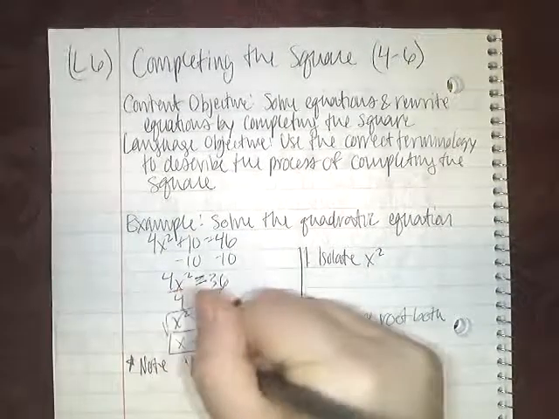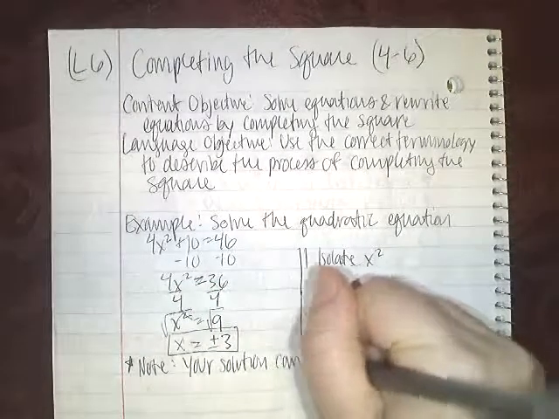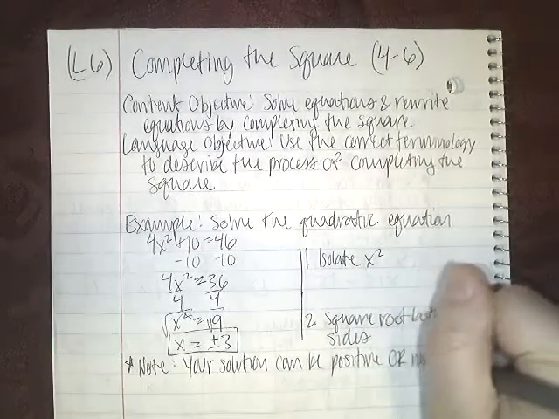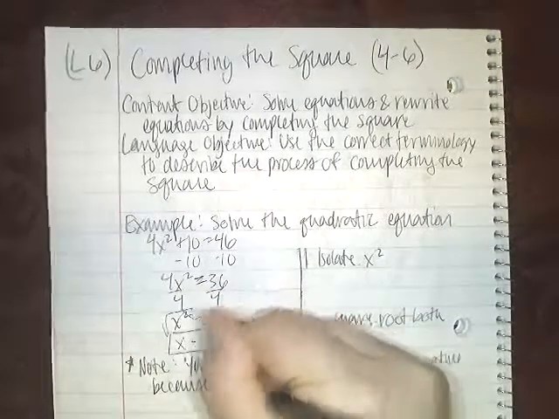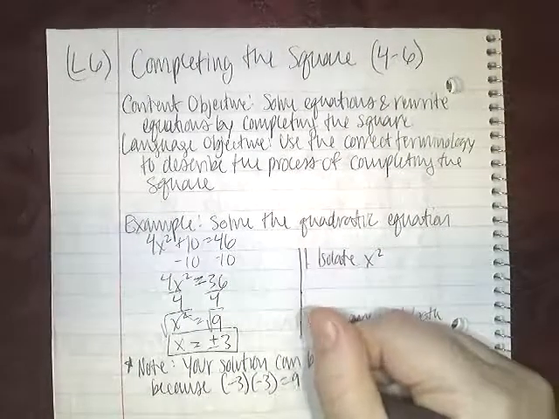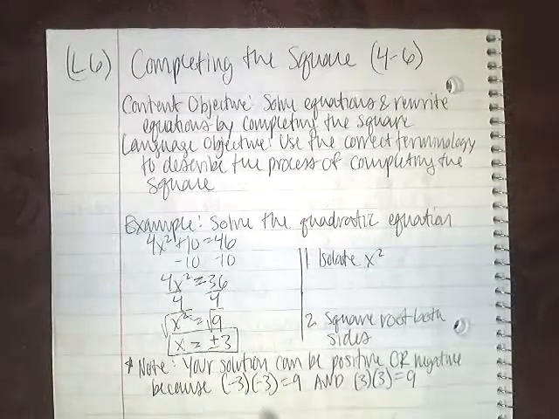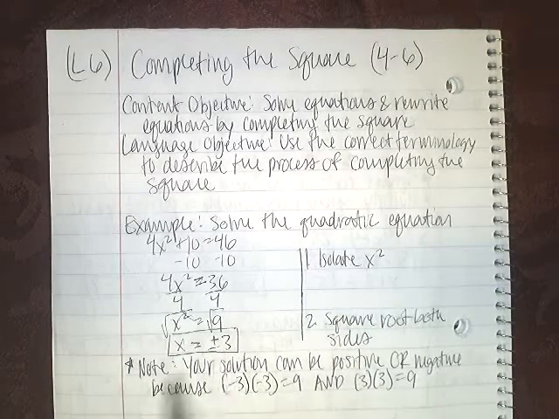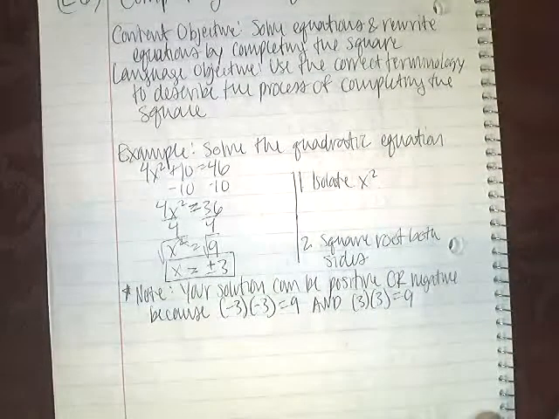Note, your solution can be positive or negative because negative 3 times negative 3 is equal to positive 9, and positive 3 times positive 3 is equal to 9. So negative 3 squared is the same as positive 3 squared, so when you take the square root, it could be either solution, the positive or negative version of that value.